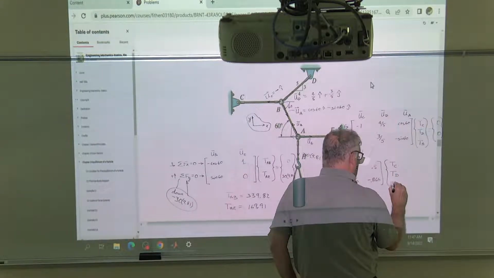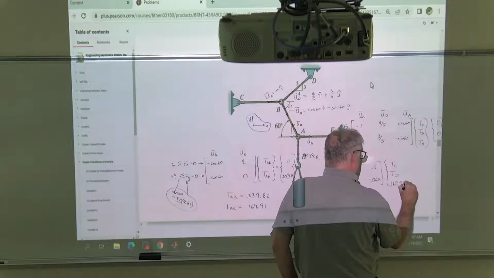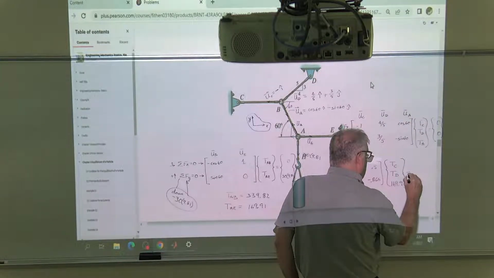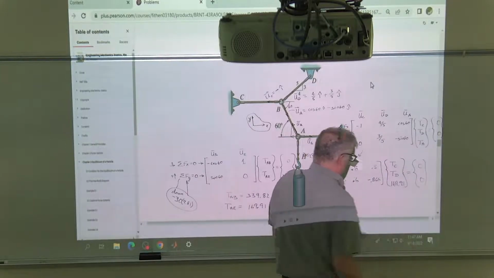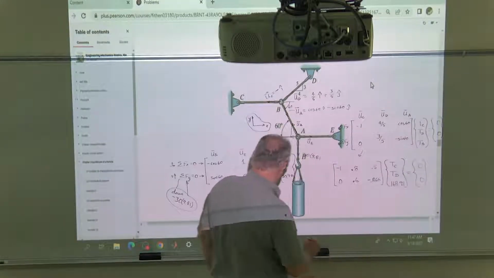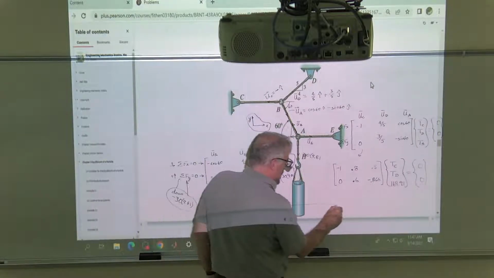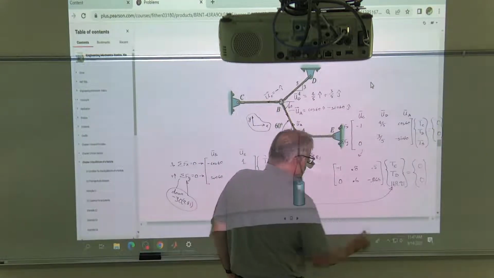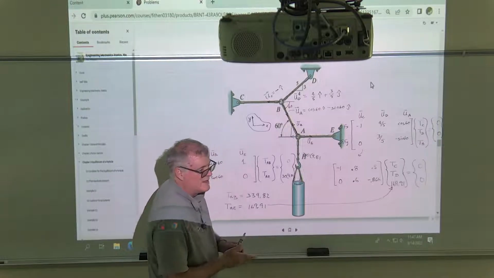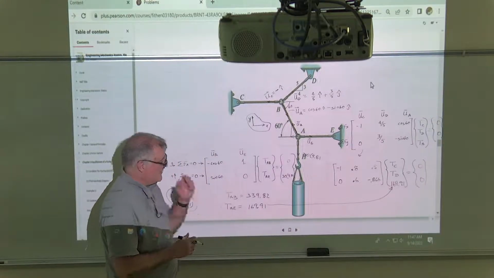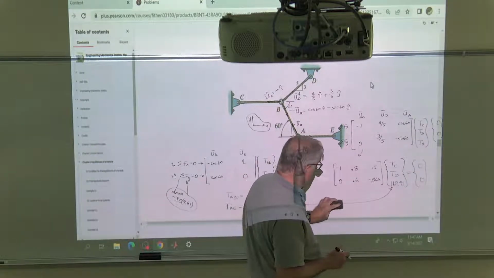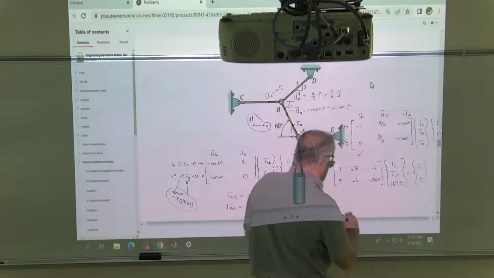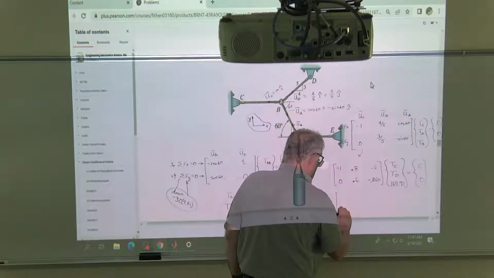Okay, and look at what I'm doing here. I just inserted this right into there. Now, if you want to further reduce it, you could copy this twice.